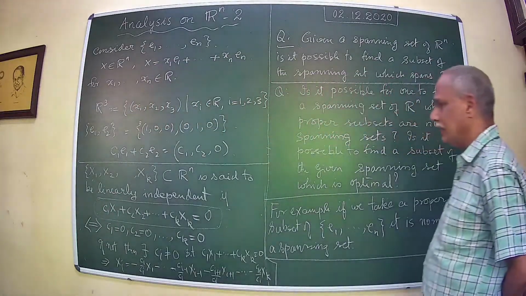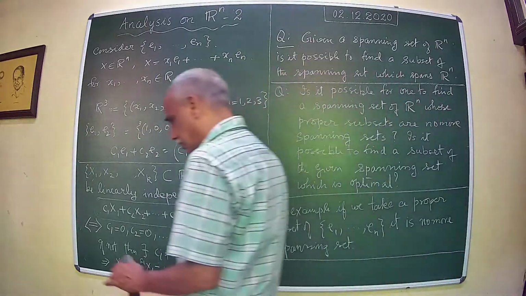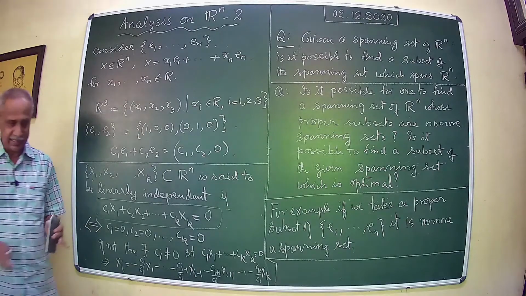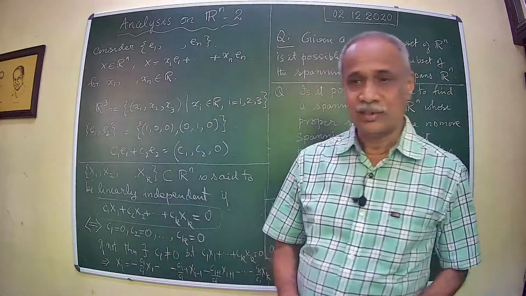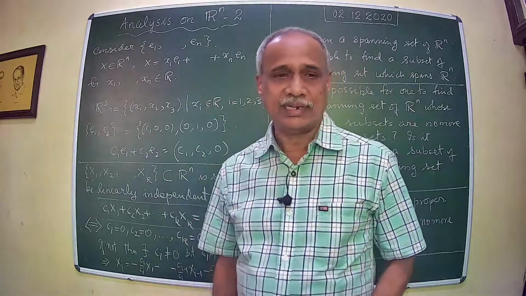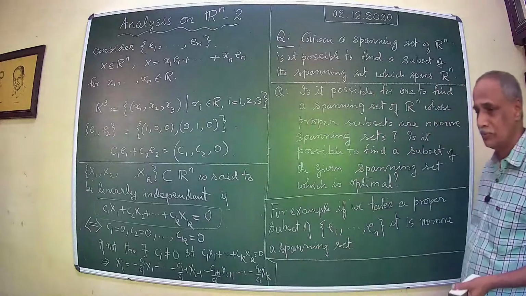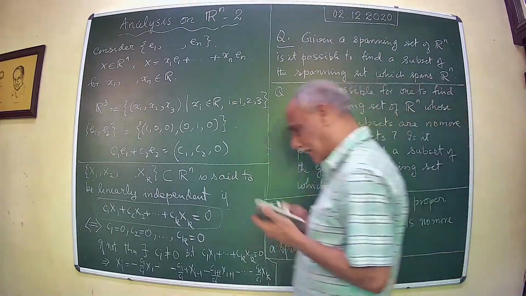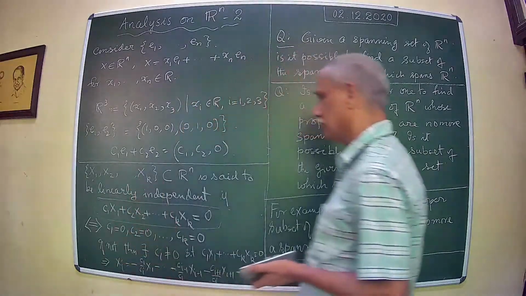Okay? Take that definition, or realization, that a set is linearly independent provided none of the elements in it can be expressed as a linear combination of the rest of them. Take that understanding and then you see that it amounts to this statement. Okay?